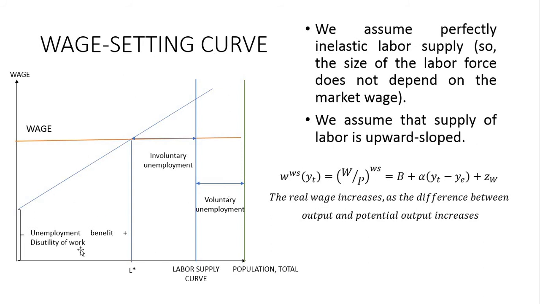So we also have to account for all the unemployment benefits and other opportunity costs of work. This is here. It's captured by the variable b. So basically, if there are high unemployment benefits, then you are not that motivated to find a job. You're fine. So basically, that's why there is a positive relationship between wages required by the workers and the size of unemployment benefits.